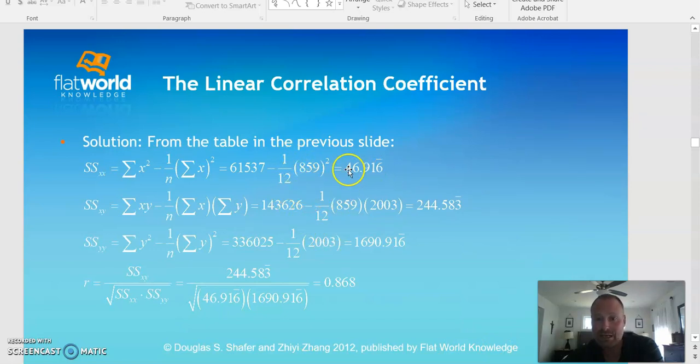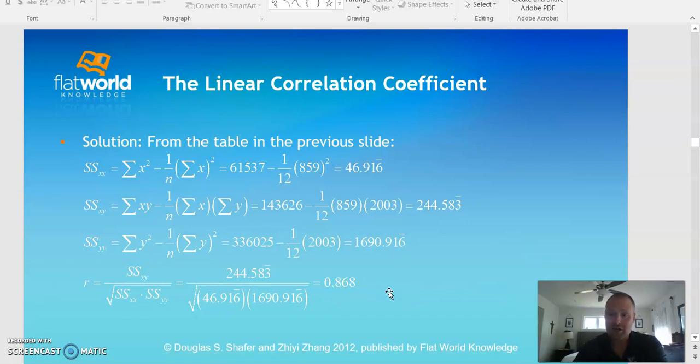And so therefore we can get our values of SS sub XX, SS sub XY, SS sub YY, plug them into the formula, and then we figure out for this particular set of data, our correlation coefficient, r, is equal to 0.868. This is a positive value, which means it has a positive correlation. It's a positive slope.